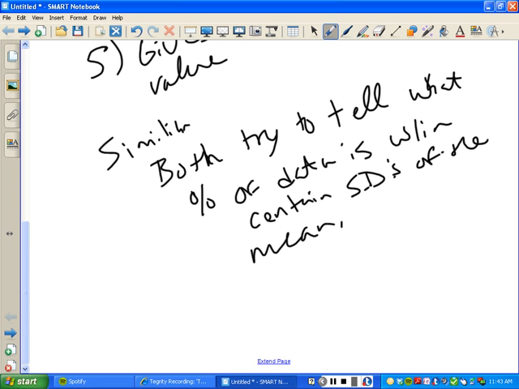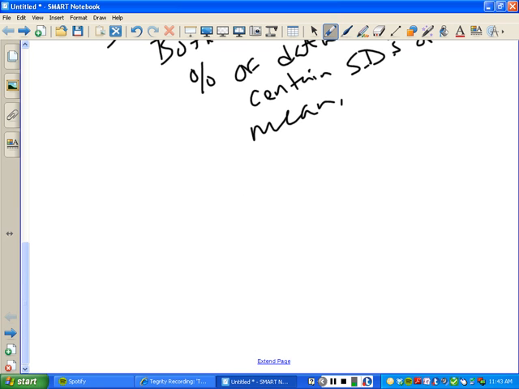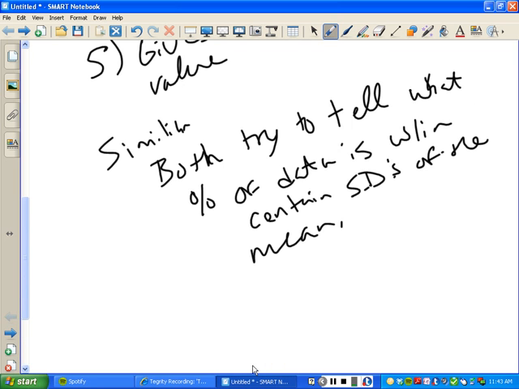Okay. They both look to tell what percent of the data is within certain standard deviations of the mean.